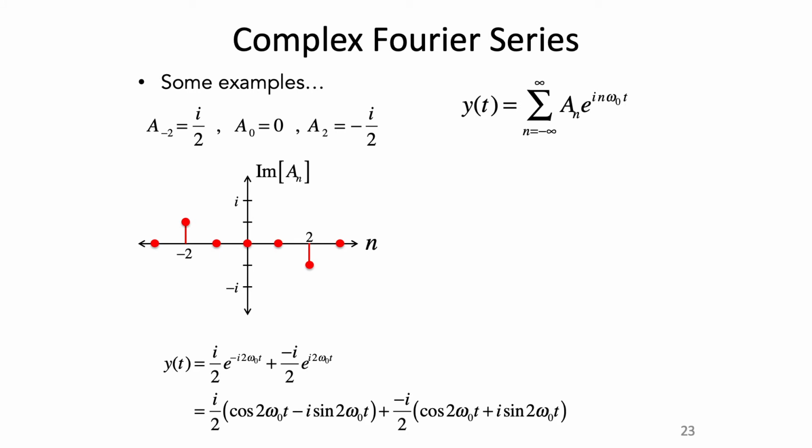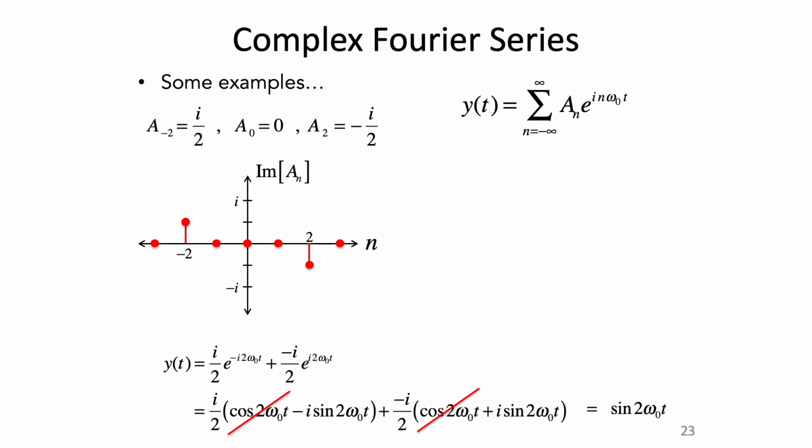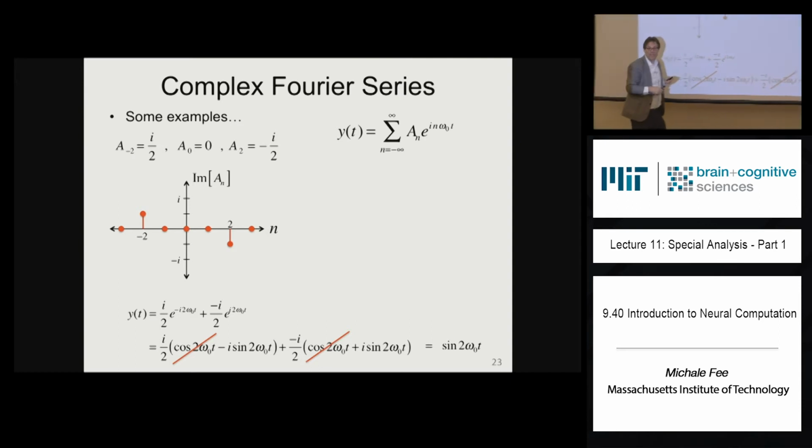You solve that, and you can see that in this case, the cosines cancel, because this is I over 2 cosine 2 omega t minus I over 2 cosine 2 omega t. Those cancel, and you're left with sine 2 omega naught t. So that is what the Fourier representation of sine 2 omega t looks like. So functions that have higher frequencies will have non-zero elements that are further out in n, right?